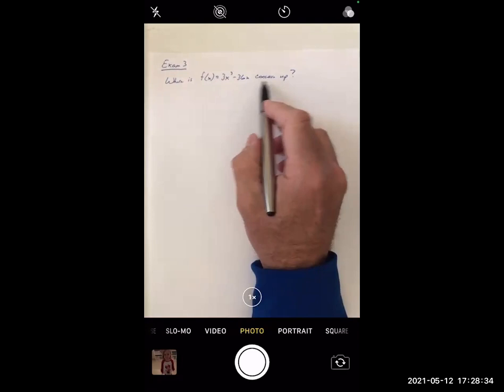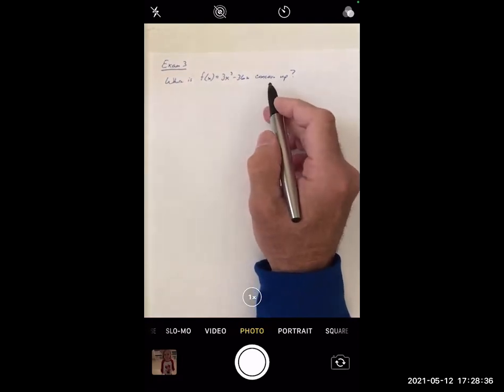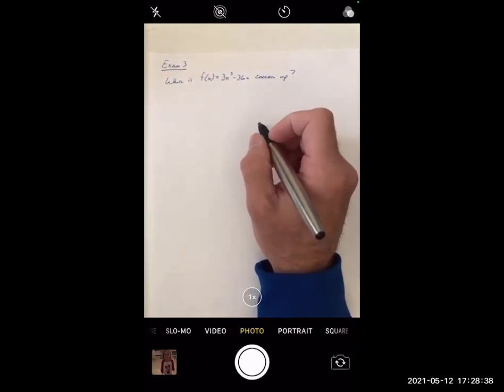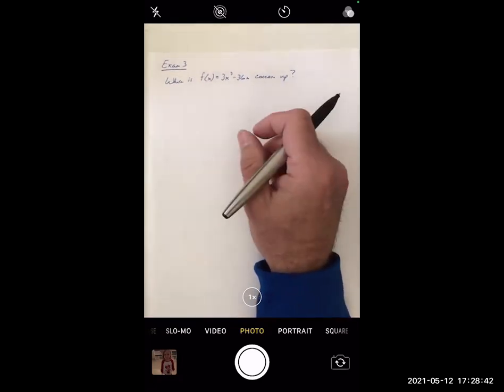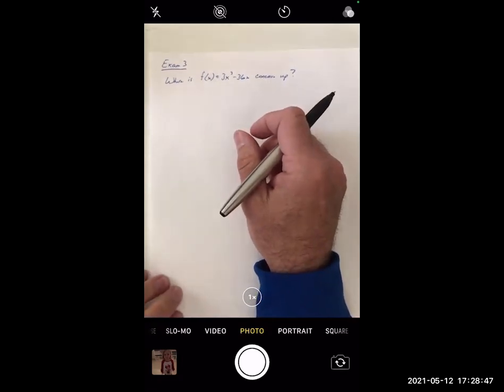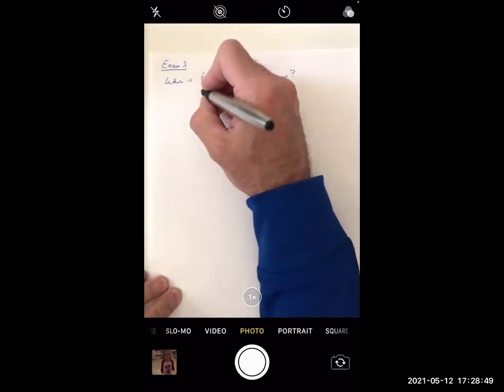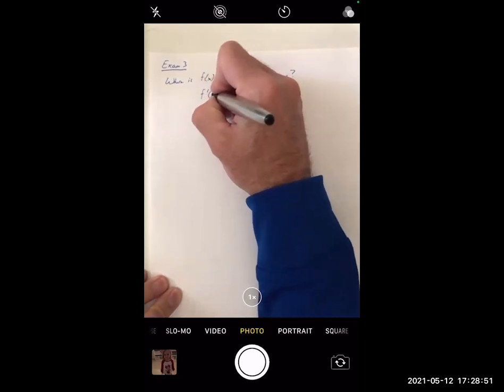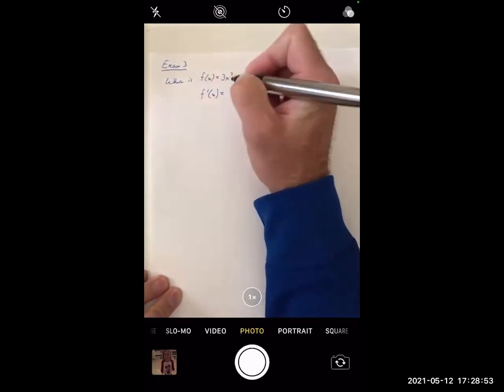So if you're going to start talking about concavity, which derivative do you need? Second derivative. Okay, so in order to get the second derivative, we need the first derivative.